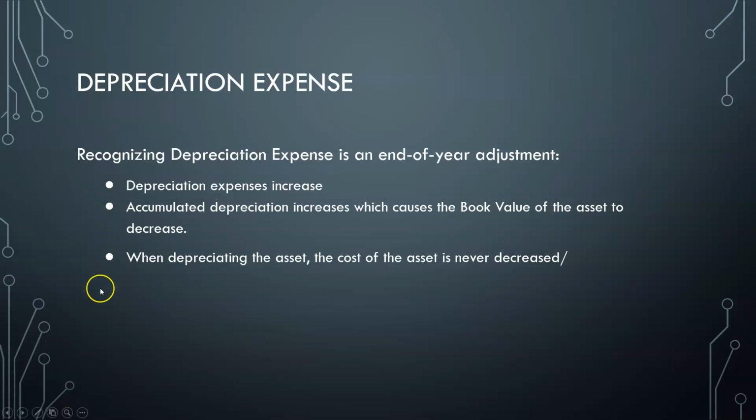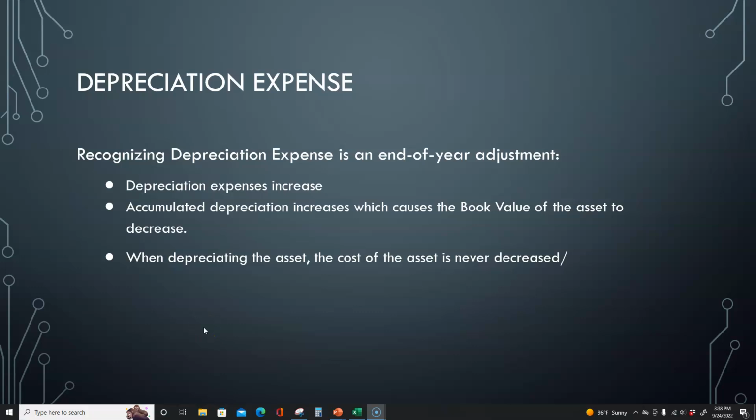At this point, I'm just giving you the facts. We are going to do an example that will help you understand these concepts a little better. Keep in mind, when depreciating the asset, we don't touch the cost of the asset. That's never decreased. We only record depreciation expense by increasing depreciation expense and increasing accumulated depreciation.